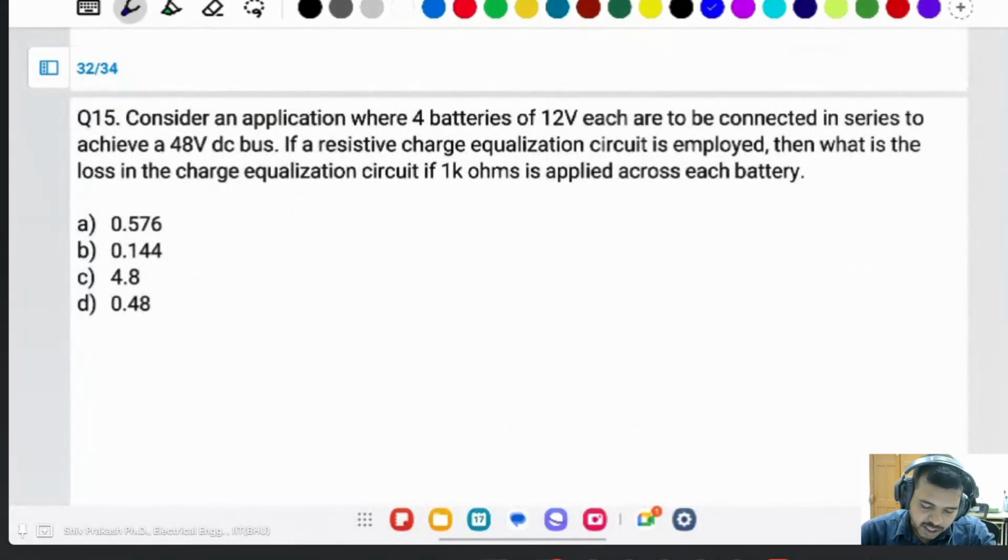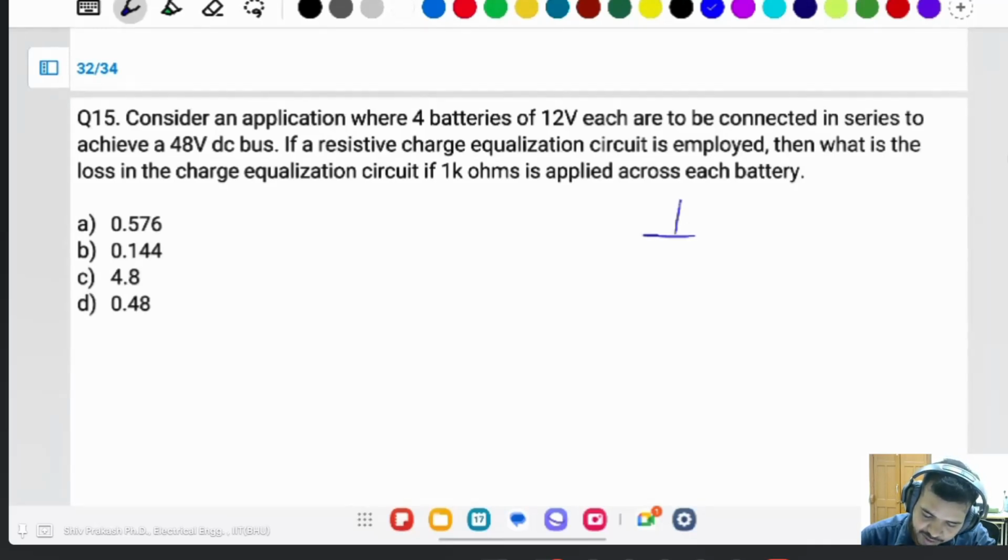The next question: consider an application where 4 batteries of 12 volt each are connected in series to achieve a 48 volt DC bus. If the resistive charge equalization circuit is employed, then what is the loss of the charge equalization circuit if 1 kilo ohm resistance is applied across each battery?